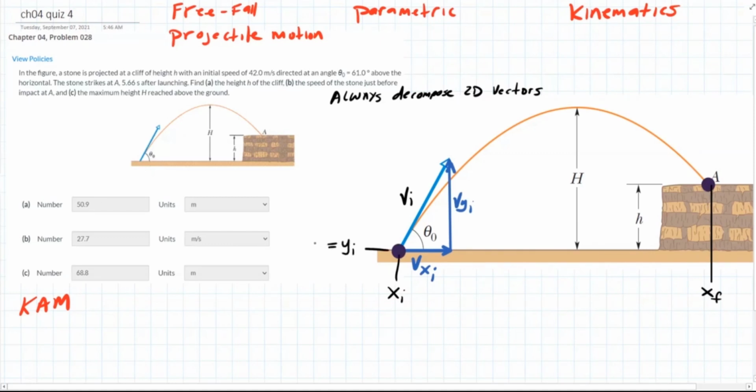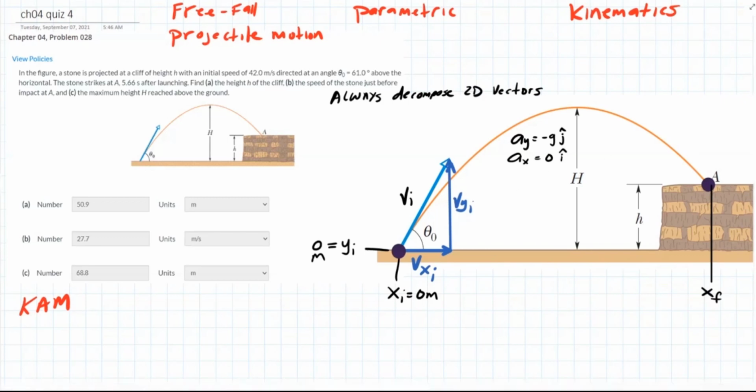So it's starting from the ground, so I'm going to call that 0 meters. And I'm just going to call this 0 meters because nobody gave me any number on that. I'm going to say a_y equals minus g in the j hat direction. a_x equals 0 meters per second squared in the i hat.